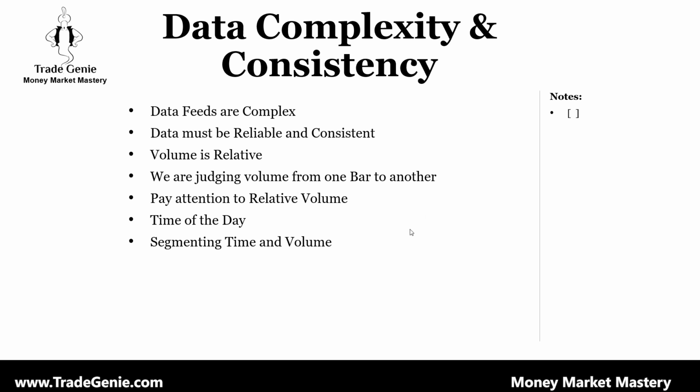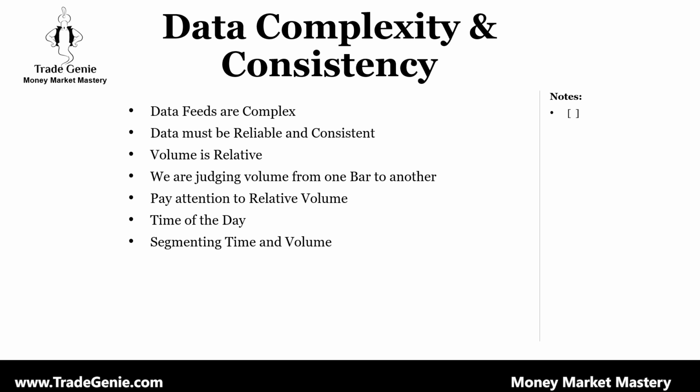So have a way of analyzing the volume on a relative basis, meaning during the first 30 minutes, the history tells me this should be the volume. Compare based on history: this is the volume in the first 30 minutes, and this is the volume in this 30 minutes.